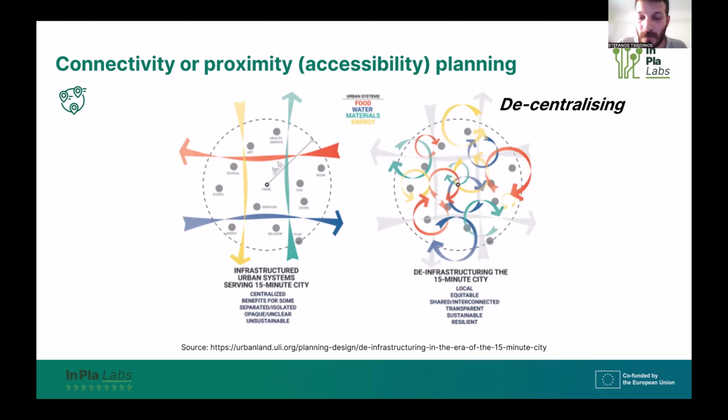So this is an important note about proximity and connectivity.